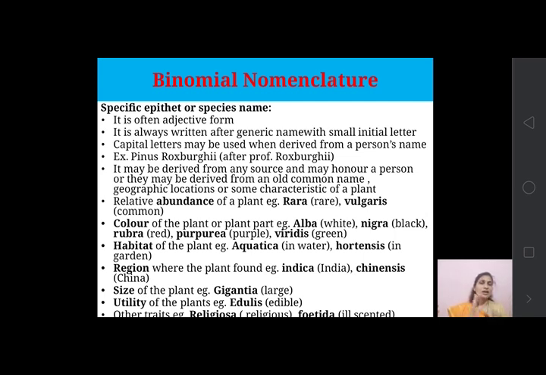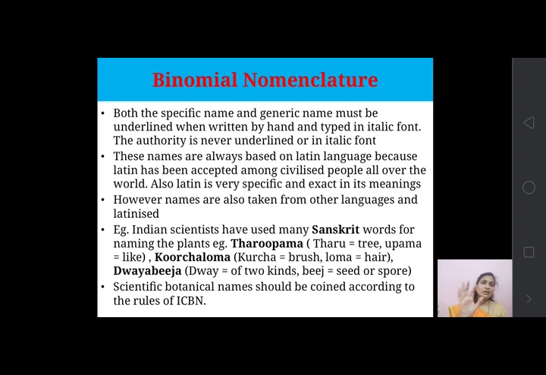So this is about how the generic name is given and how the specific name is given, what the rules are, what the sources are. All these are mentioned in binomial nomenclature, and all these laws are decided by the Indian Botanical Congress.